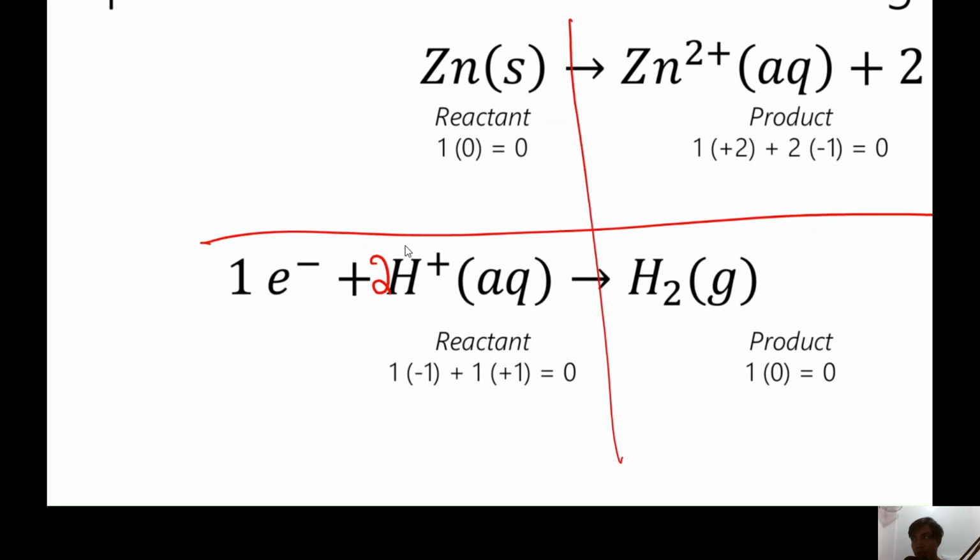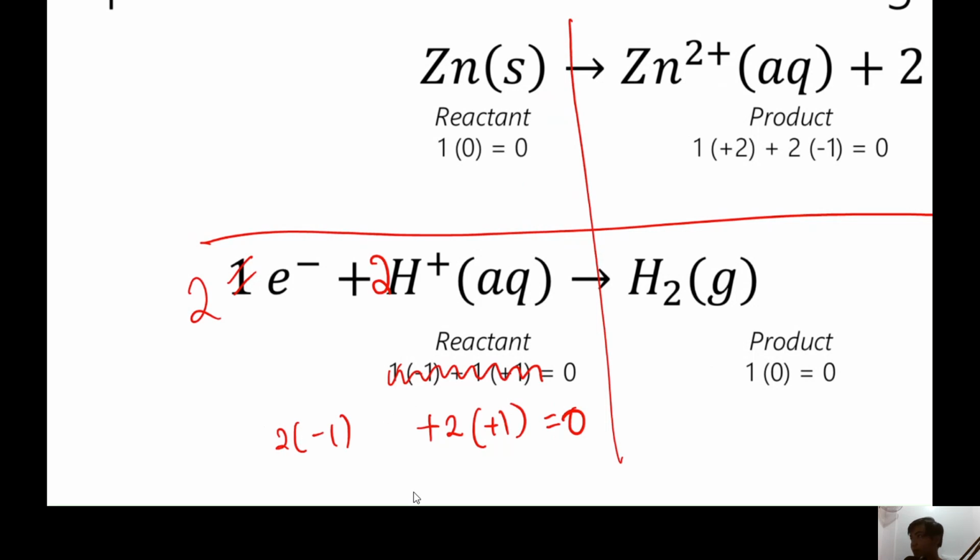So what happens to the charge? That's 2 times positive 1, which becomes positive 2. So the earlier charge balance no longer holds. It becomes positive 2. So how many electrons do we need to make that 0? Two electrons. So instead of 1, we will have 2 electrons. So 2 electrons are added when balancing the atoms. That's 2 times negative 1 plus 2 times positive 1. That will give you a total charge equal to 0.